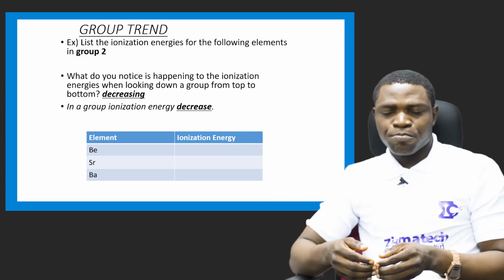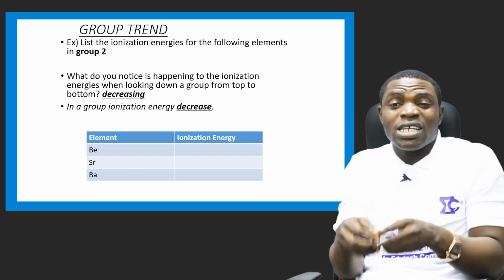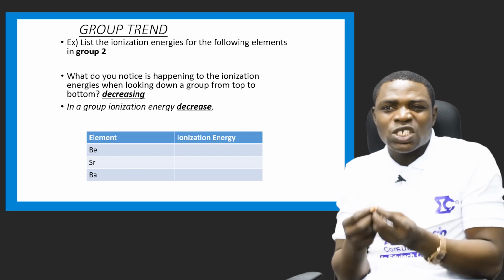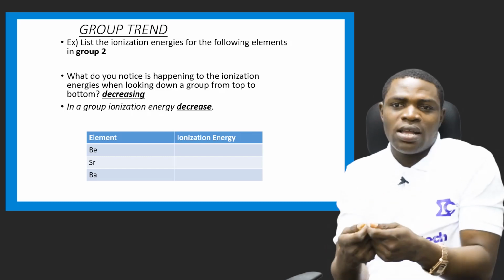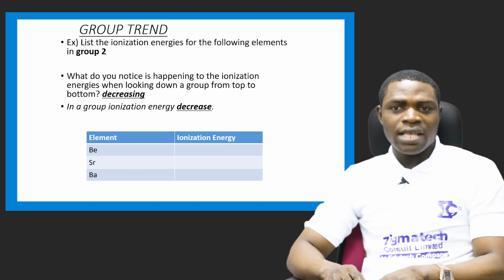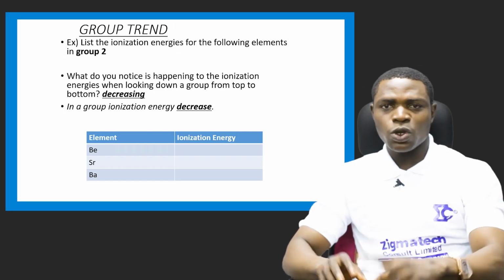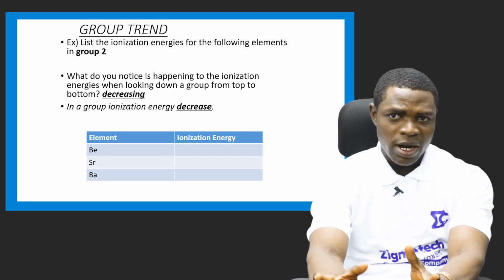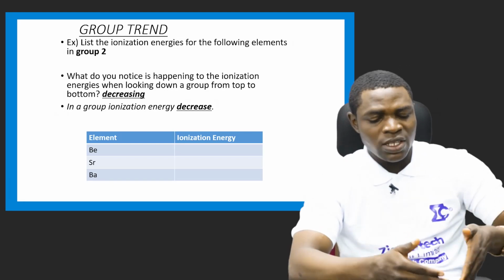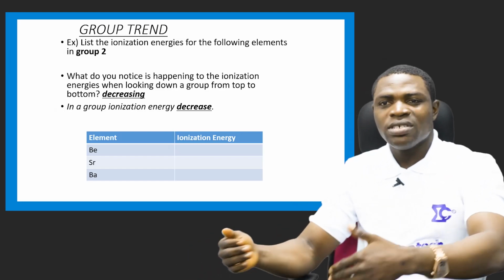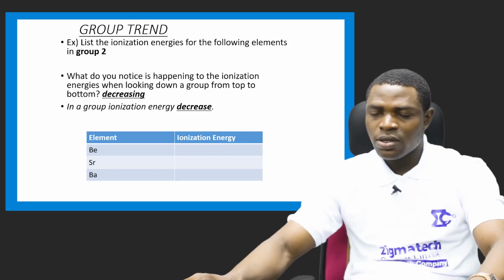Because the ionization energy required for an electron to be removed from boron actually is higher than that of barium, and the reason is because the ionization energy decreases down the group. So in summary, we say that ionization energy increases across the period and decreases down the group.